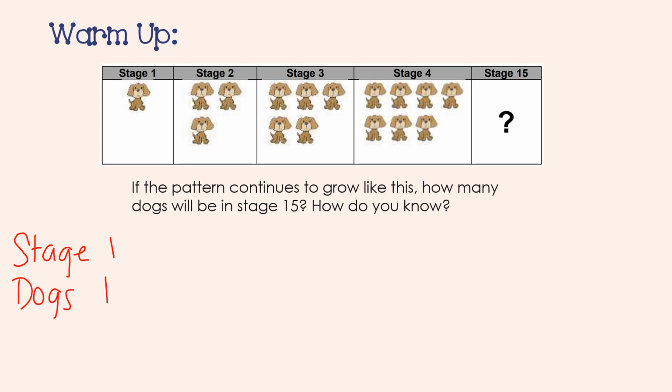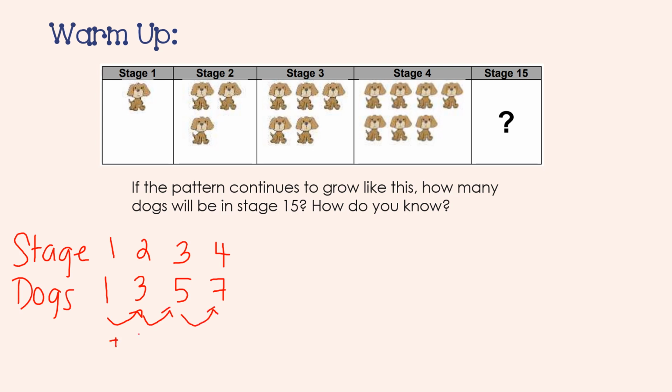Stage 2, we have 3 dogs. Stage 3, we have 5 dogs. Stage 4, we have 7 dogs. Hopefully, you will see the pattern is adding 2 dogs between each stage.